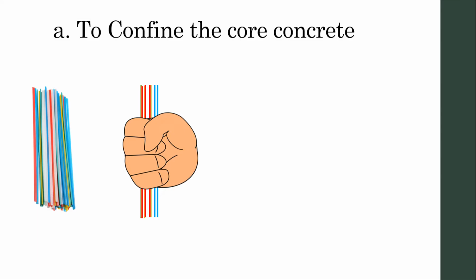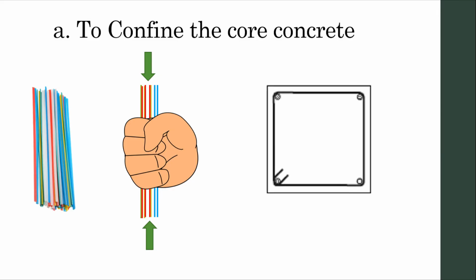So example, i-try mo yung pick-up sticks, i-close mo siya ng iyong fist, then try to load it. Compare mo siya dun sa walang confine na concrete. Anong mas malakas? Tama 'di ba na kapag kinonfine mo by your fist yung pick-up sticks, mas malakas yung force na ma-apply mo sa kanya. So ganyan din sa circle, sa mga column natin. So this is our column and ito yung concrete core sa loob.